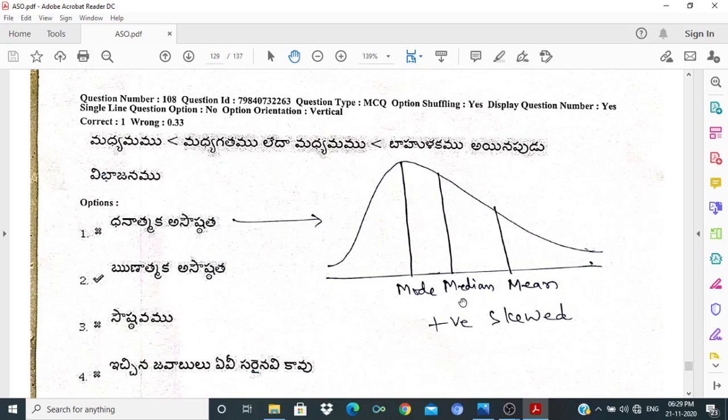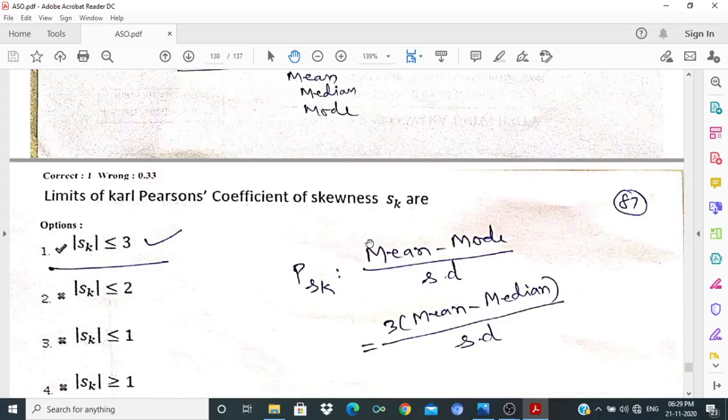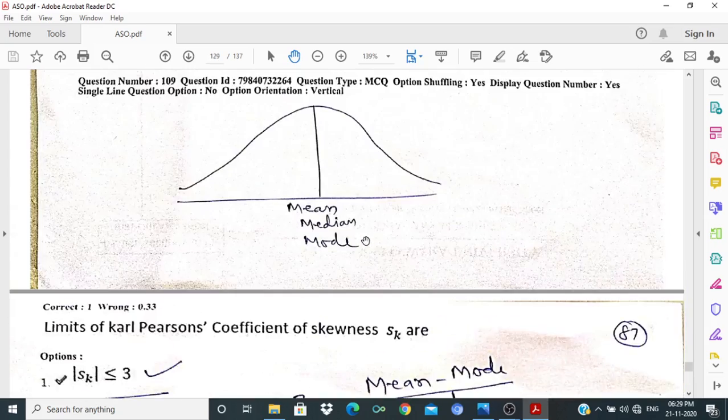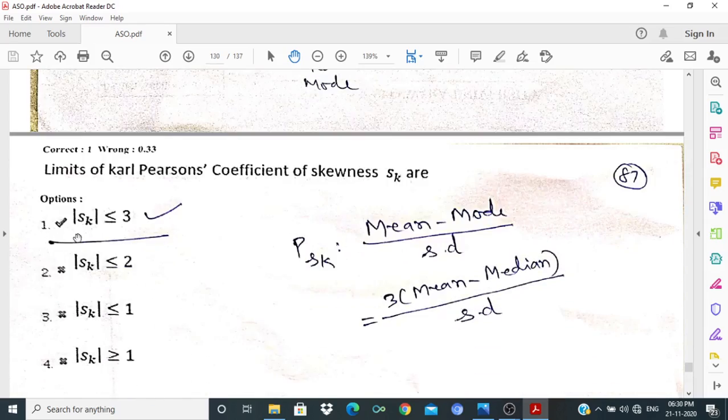Whereas if mean is greater than mode or mean is greater than median, then it is called positively skewed. Mean, median, mode are equal in case of normal symmetric curve. Limits of Karl Pearson coefficient are -3 to +3. Okay, it is for Bowley.